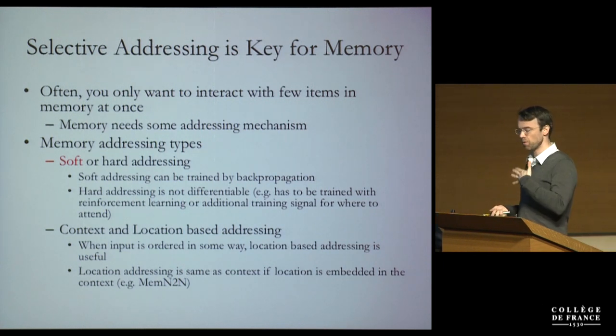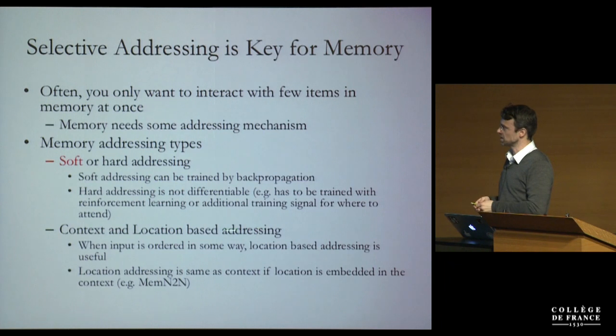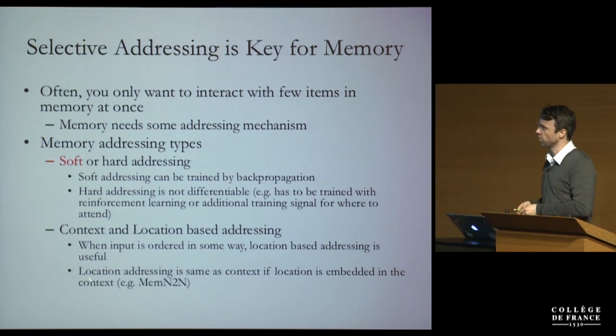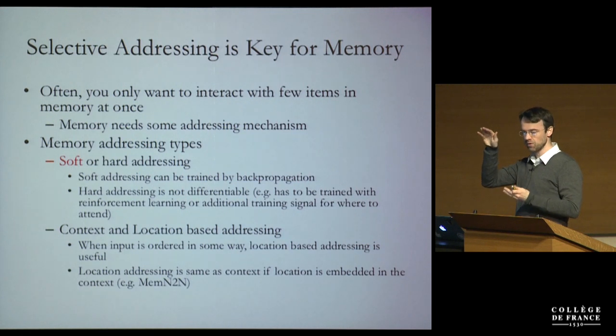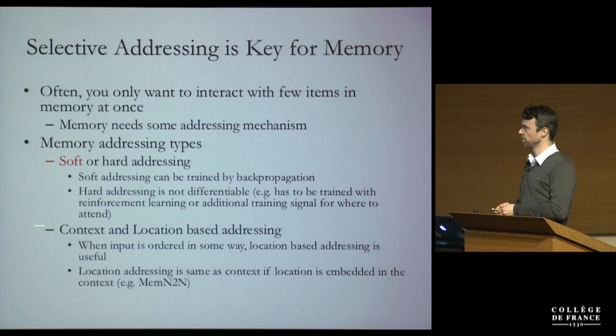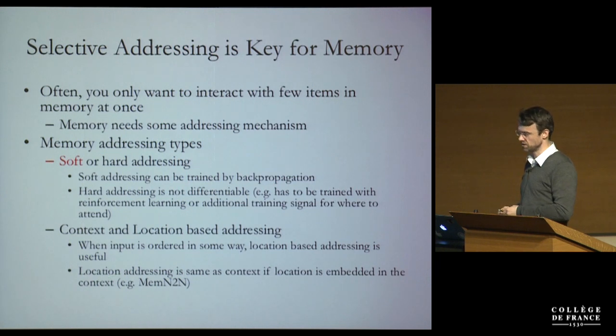You might say, I want to access whatever's in a particular spatial location in memory. But these two can actually be combined to some extent. There are ways to augment the items stored in memory to include some representation of where they are, and then it becomes more similar to context-based addressing. We'll discuss one approach in detail that does just that.